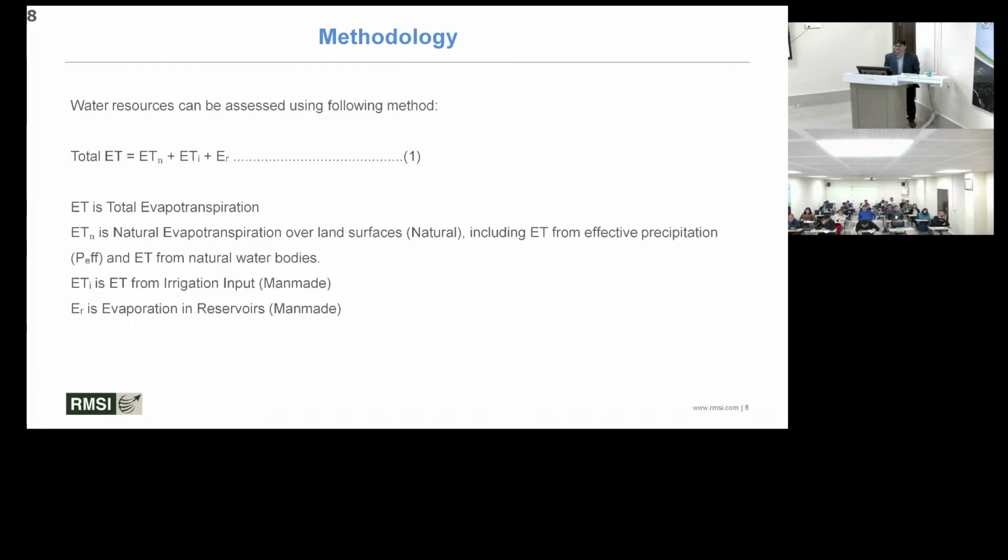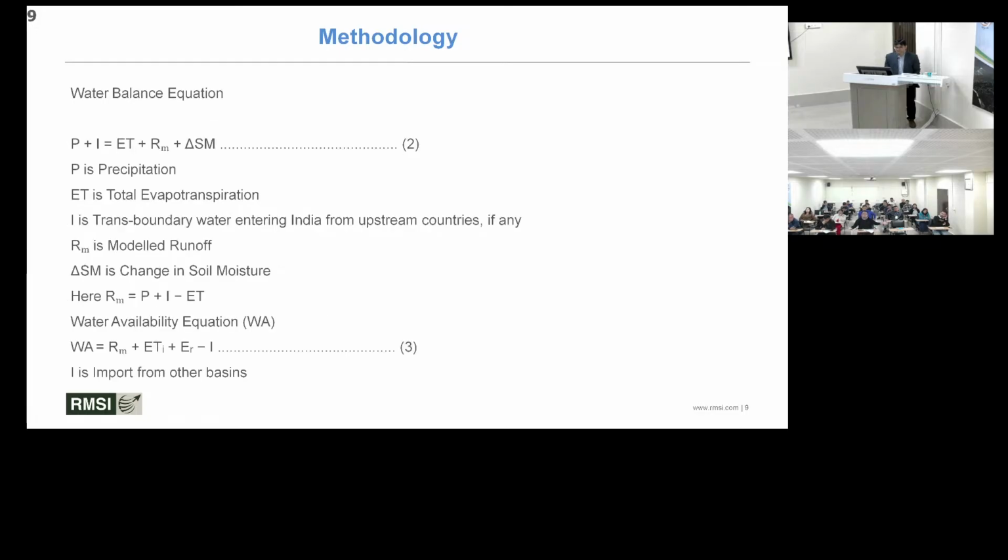What is the range of values of these losses? Then delta S is there. Then ET plus RM. RM is what remains if you deduct the losses from the rainfall. And model runoff is there. Then the change in the soil moisture or storage, or change in the volume in the system. The RM is nothing but precipitation volume minus inflow from upstream catchment and evapotranspiration losses.